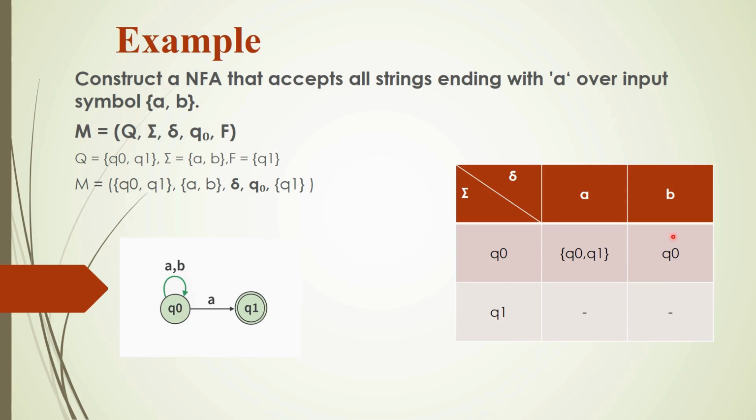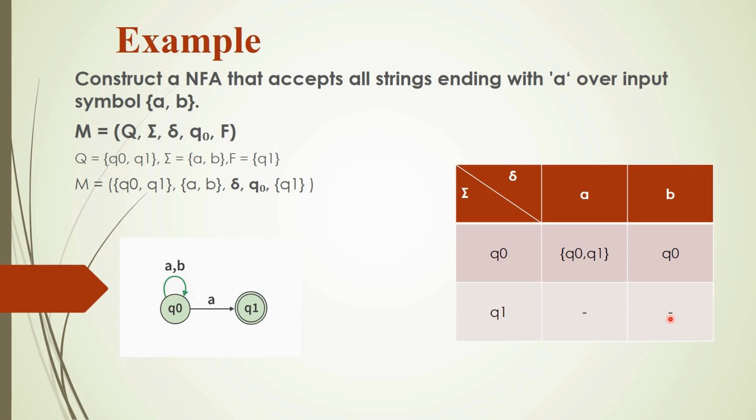Now our diagram doesn't contain any transition for any input symbol from the Q1 state, which is the final state. So we can mention the same in our table: from Q1 with A we do not move to any other state, and with Q1 with B input symbol you are not moving to any other state.